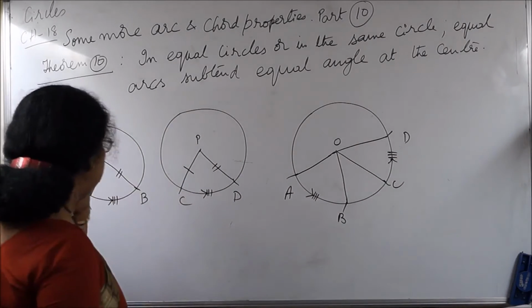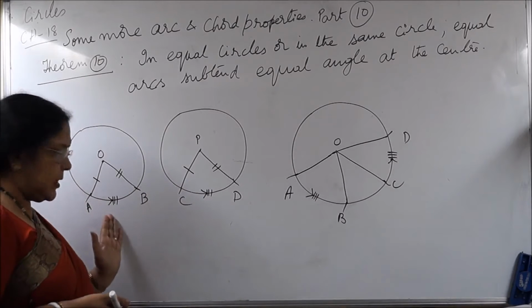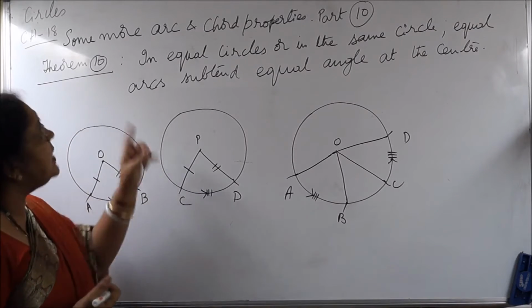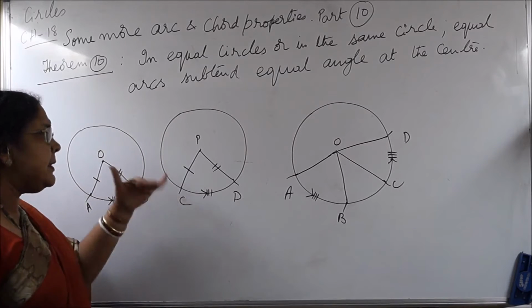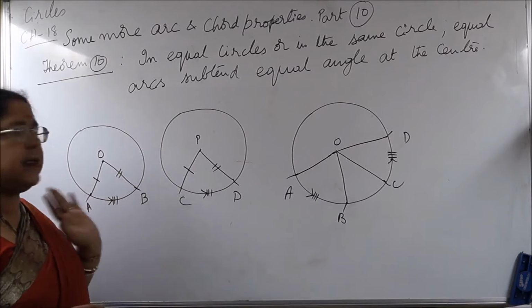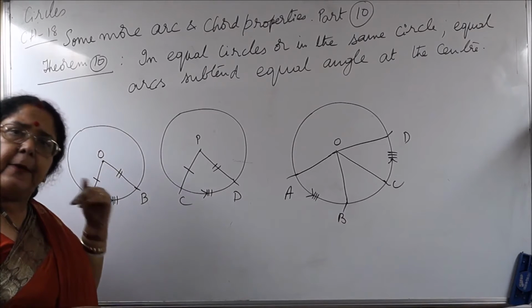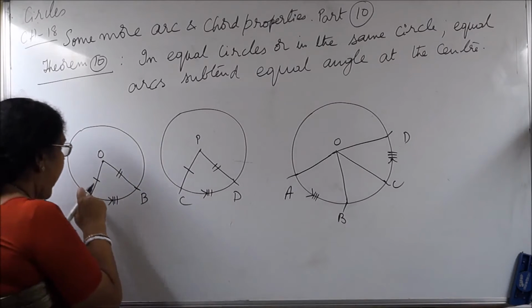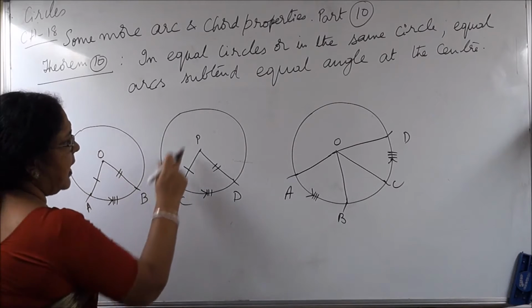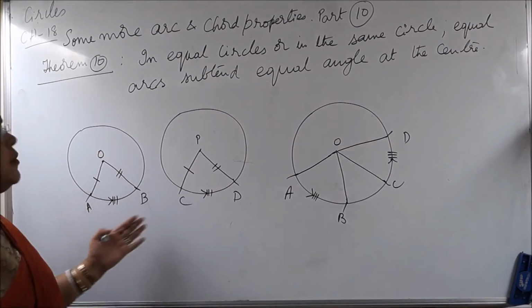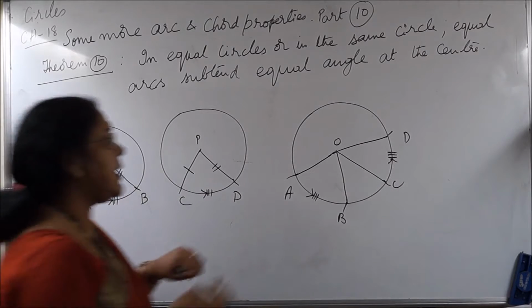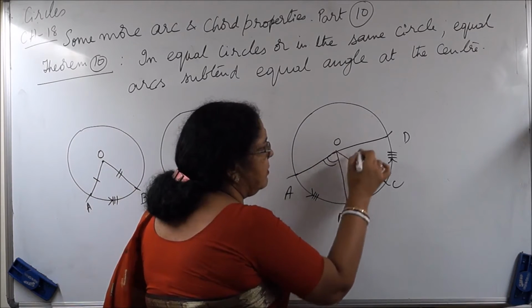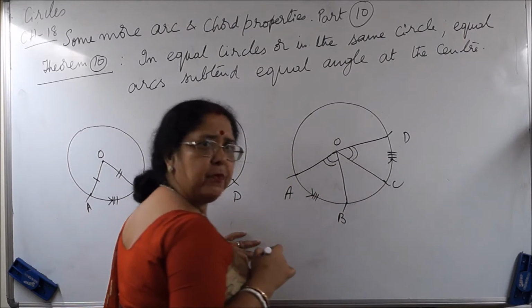So we are showing that in two circles of equal radius, if arc AB and arc CD are equal, then according to this theorem, the angle subtended by each of the arcs at the center is also equal. So that means angle AOB is equal to angle CPD. This is in two equal circles, and when it is the same circle, angle AOB will be equal to angle COD.